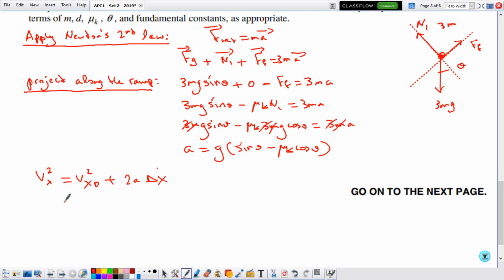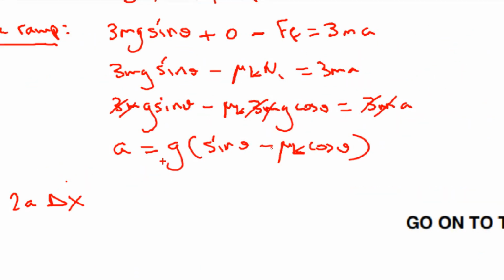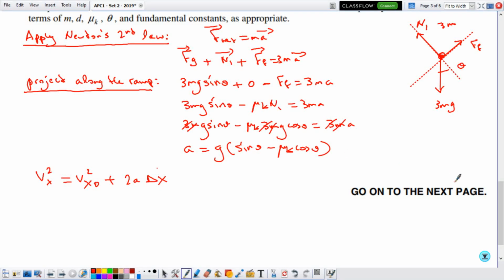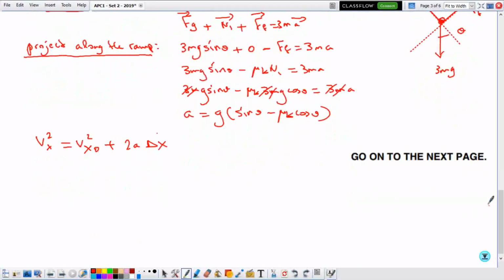Let me repeat again why we are allowed to use such type of equations, because we know that these now are all constants, then the type of motion is uniformly varied motion. Referring to the exercise, we can see that the block starts from rest, then that would be 0. So vx squared would be 2 multiplied by the value of the acceleration, which is given by g sine theta minus mu k cosine theta, multiplied by delta x, which is the distance the block will travel down, which is d.